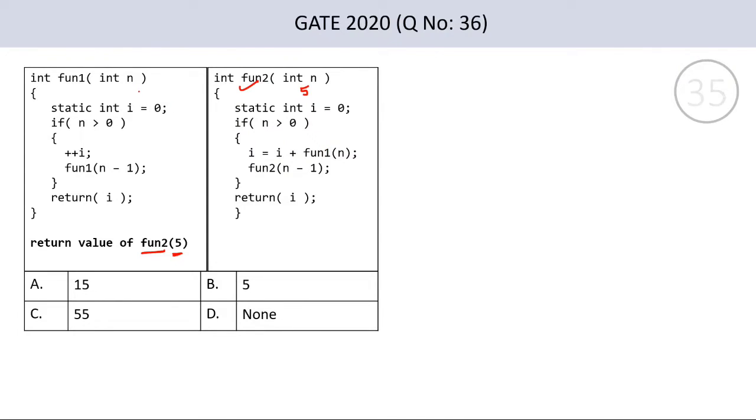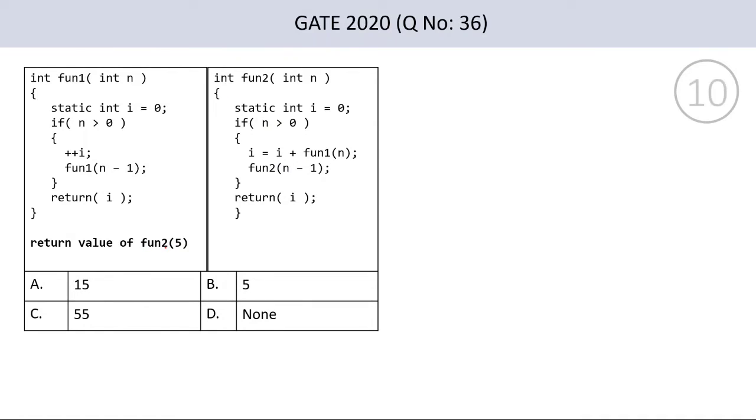Then we are calling function 2, so this is recursion, and you have to give the answer. You still have 22 seconds. If you have calculated it, you can answer it, or I'm going to solve this question for you.